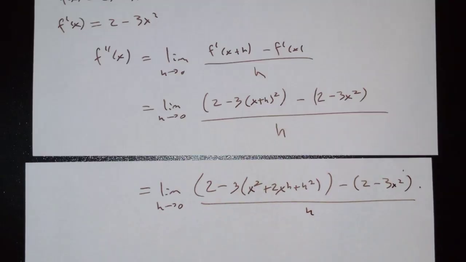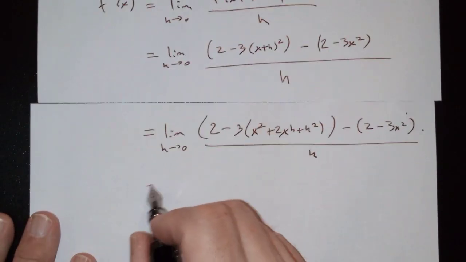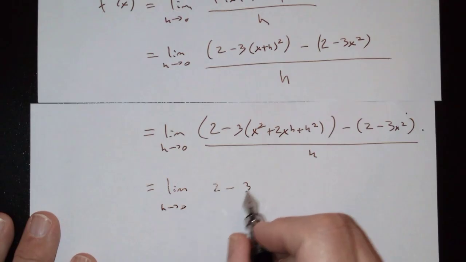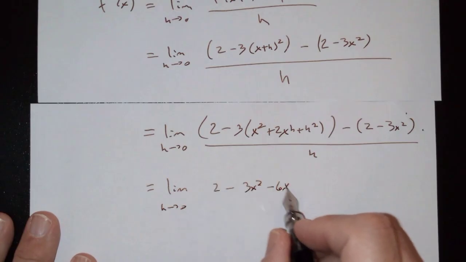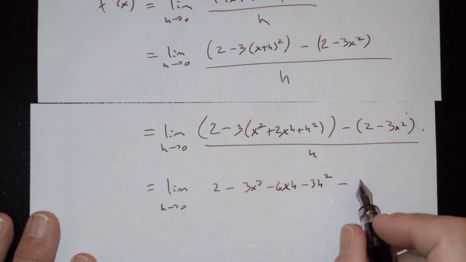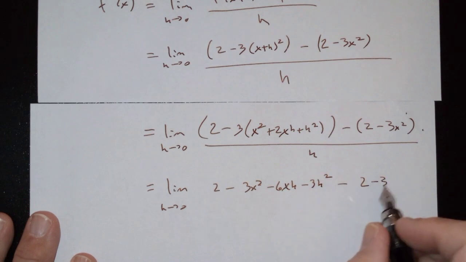And again, I'm going to multiply out the 3 here, and I'm going to see what nice things happen. 2 minus 3x squared minus 6xh minus 3h squared minus 2 minus 3x squared.